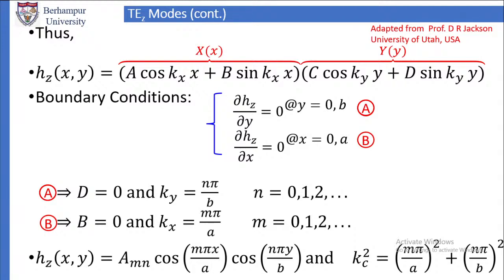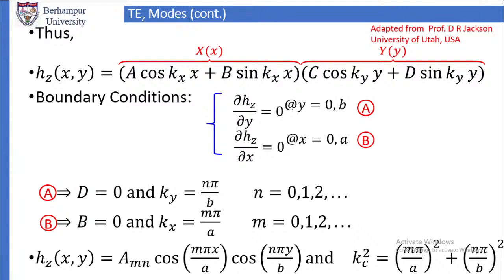Now, what is the value of ky? For ky, we use the boundary condition at y is equal to b. Once D is equal to 0, you are left with C into cos ky y. Now C into cos ky y, if you differentiate that, that is sin ky y. Sin ky y has to be 0 at y is equal to b, which means sin ky b is equal to 0.